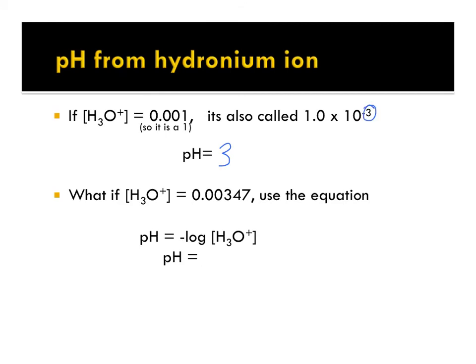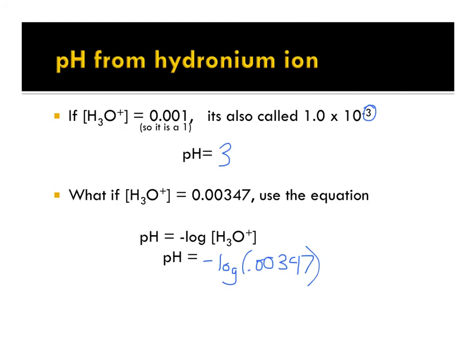But in the second example here, we have the concentration being 0.00347, so we're going to have to do the negative log of 0.00347. This is where it's kind of tricky on your calculator.